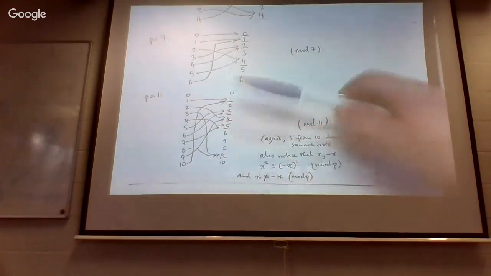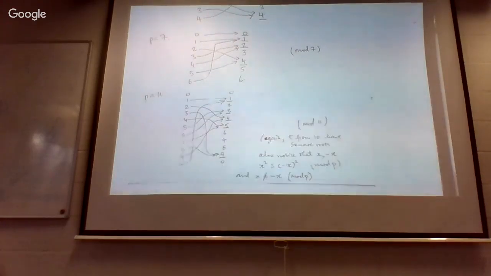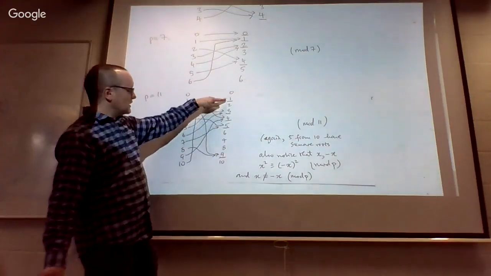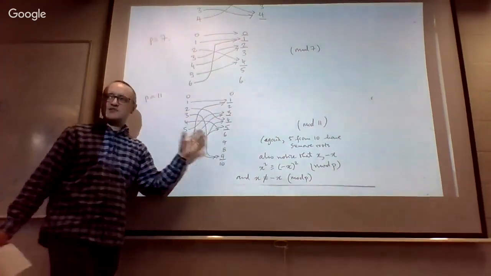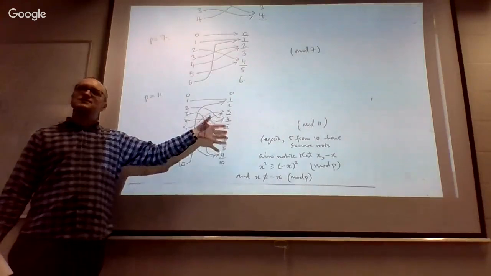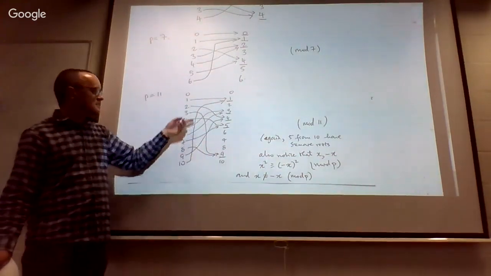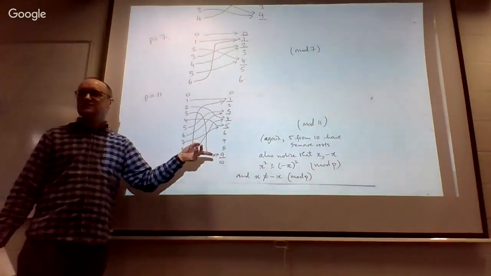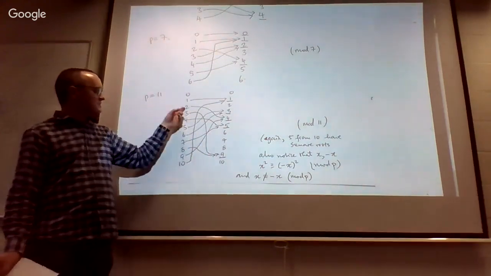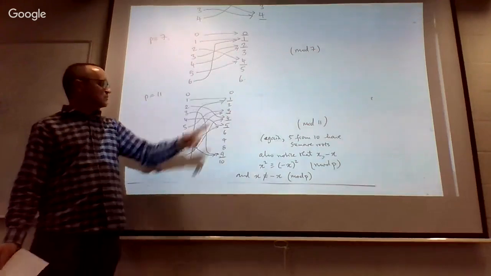We've also noticed that, of course, if something is a square integer to begin with, namely 1, 4, and 9, of course, it also has a square root in modular arithmetic, because it has a square root in the normal integers anyway. 3 squares to 9, 2 squares to 4, 1 squares to 1.